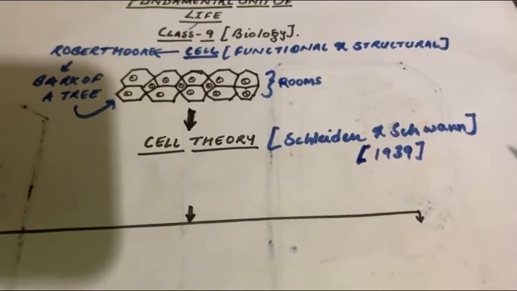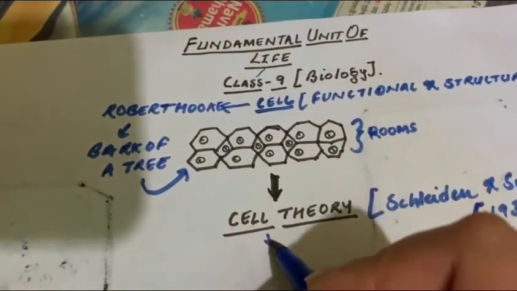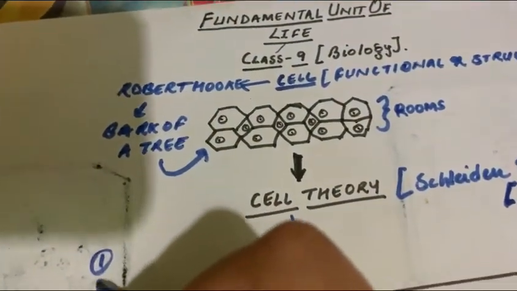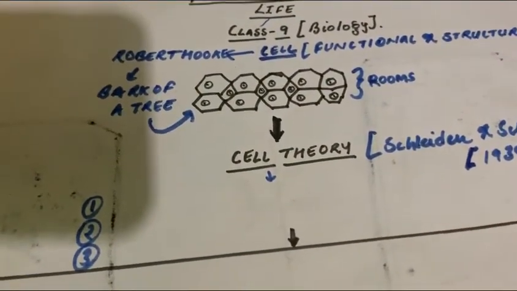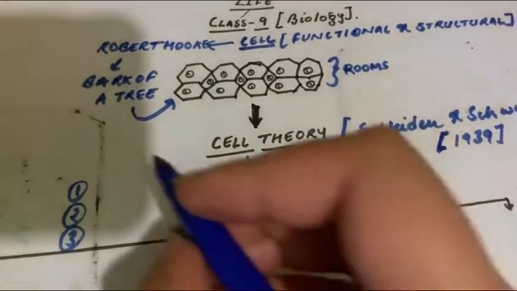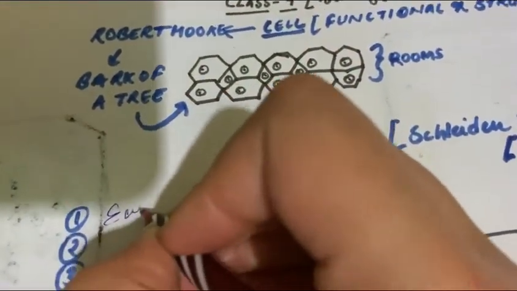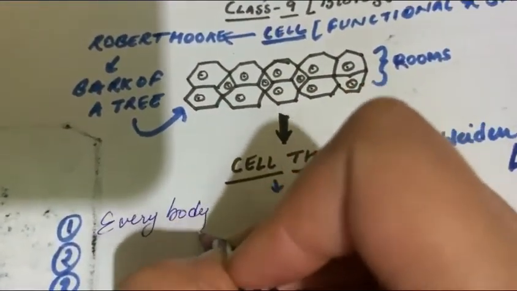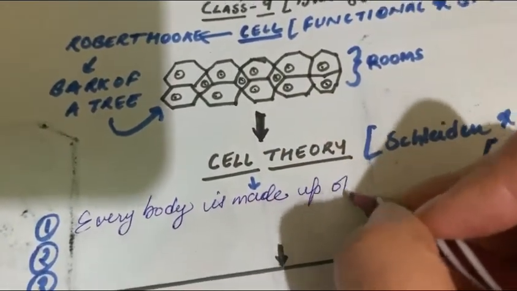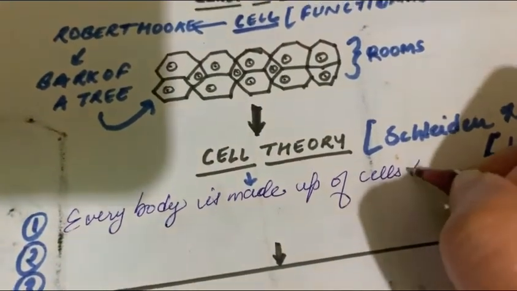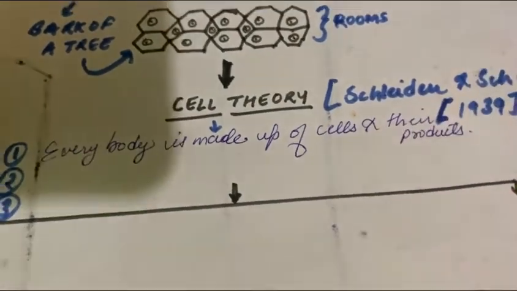Now, what does this theory tell us? There are basically three theories. What are the three theories? The first theory states that every body is made up of cells and their products.